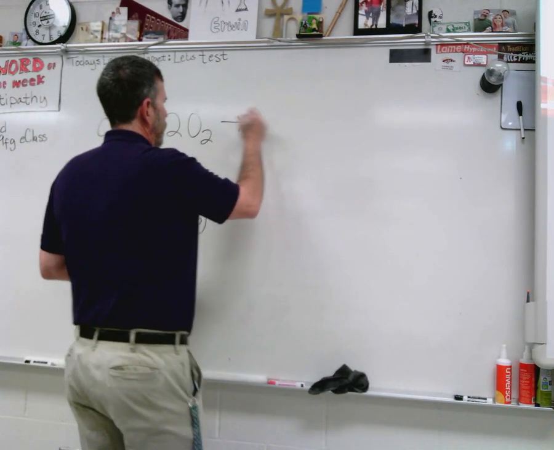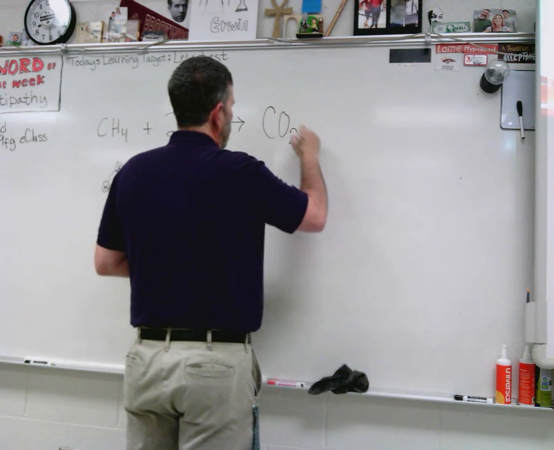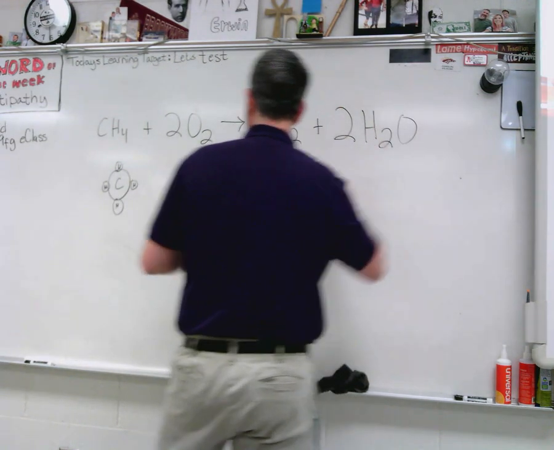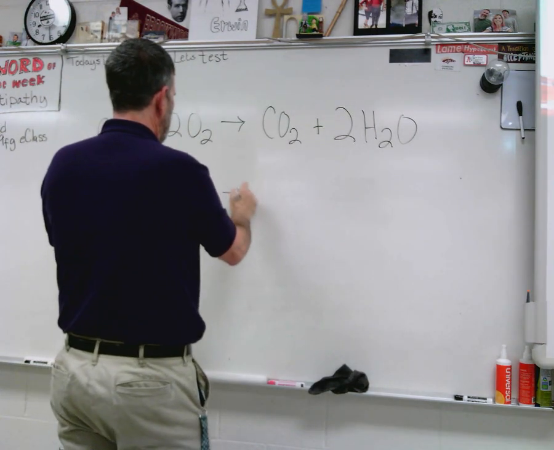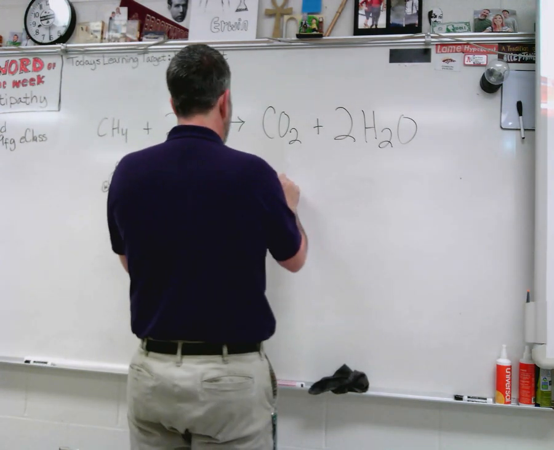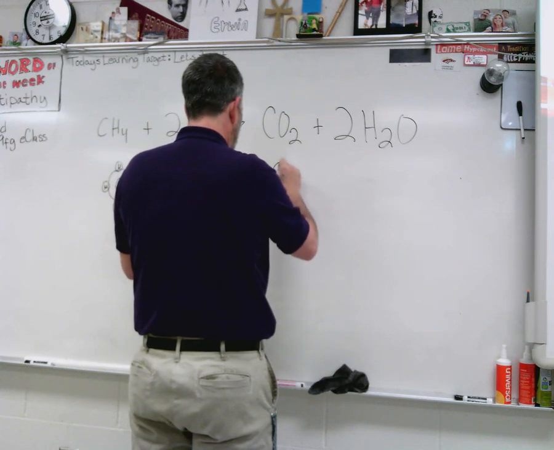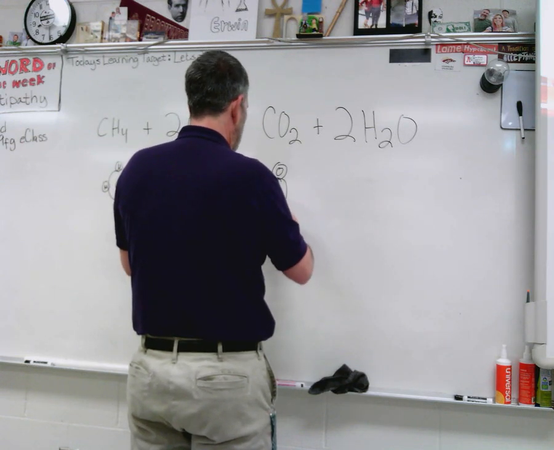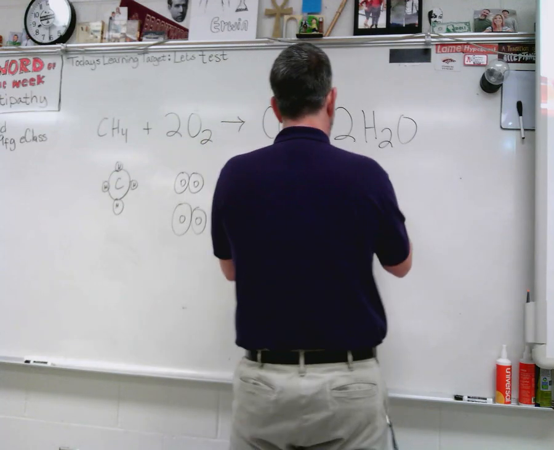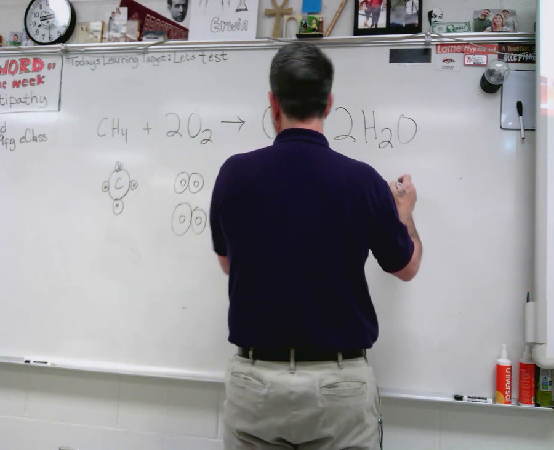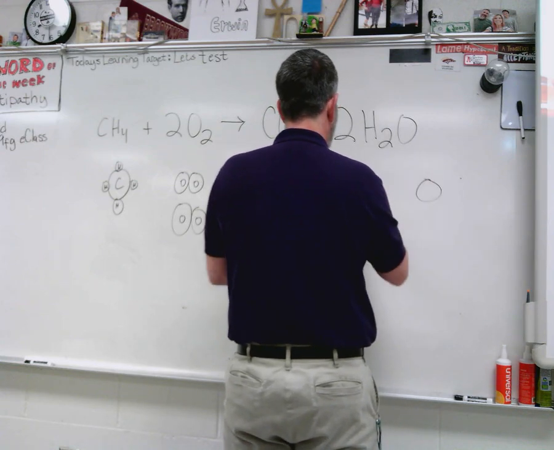CO2 plus 2 H2Os. So we're going to have a rearrangement here where we have that one carbon attached to two oxygens, and we're going to have two oxygens that are connected to two hydrogens each.